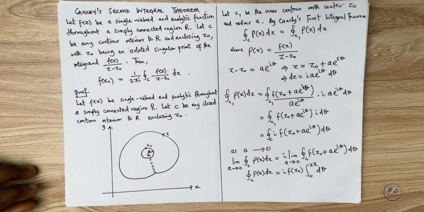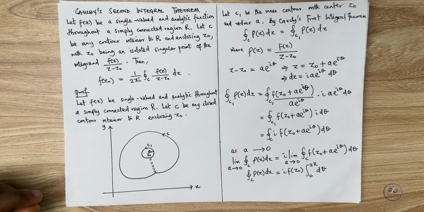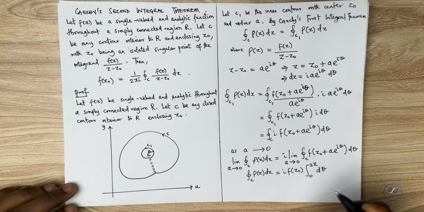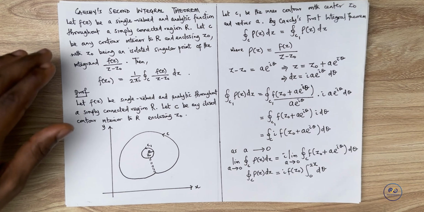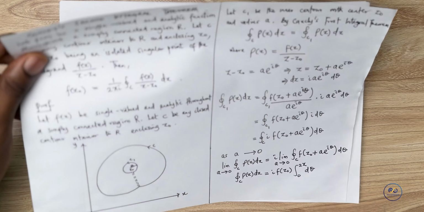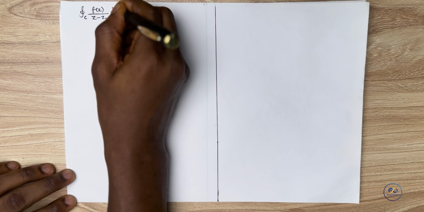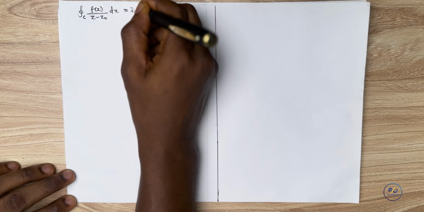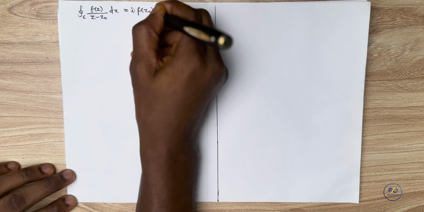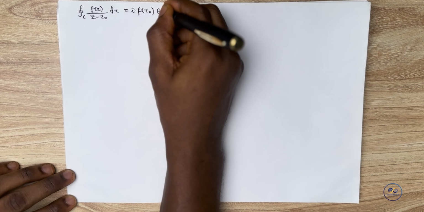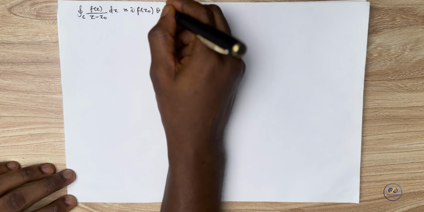Now, if we expand this, remember rho z is equal to f of z over z minus z naught. So if we put that in, we have the integral over c of f of z divided by z minus z naught dz, which would be equal to i f of z naught theta, because the integration of d theta gives you theta.